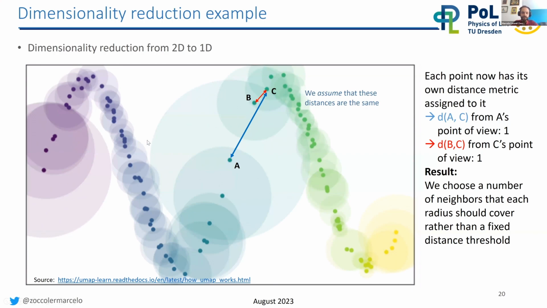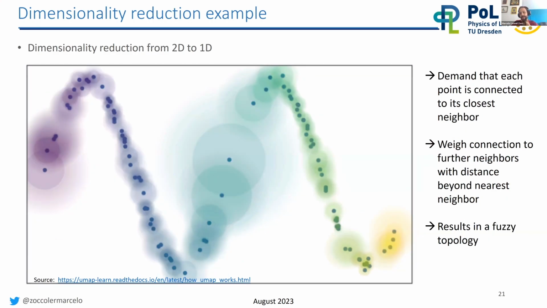This allows you at least to connect most of them, but still some of them may be isolated. So to ensure that all points are connected, UMAP gives a fixed radius up to the next closest neighbor. With this premise, all points will at least be connected to a neighboring point. And from then onward, it's like a fuzzy topology.